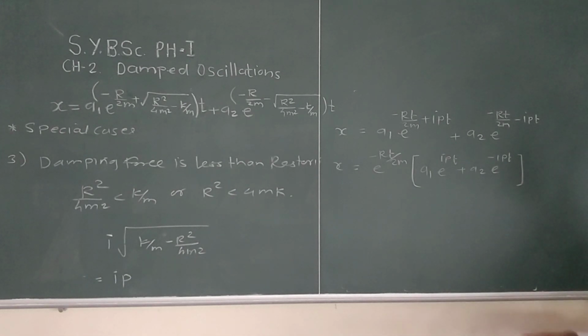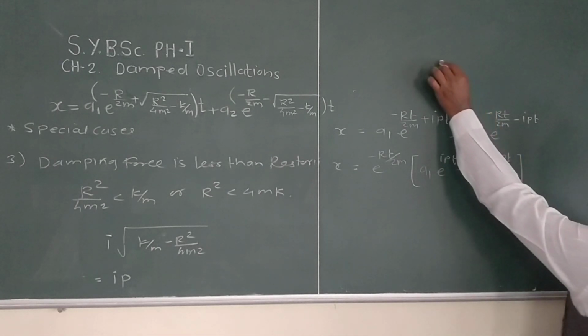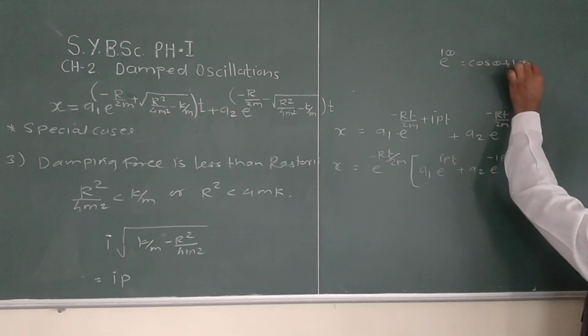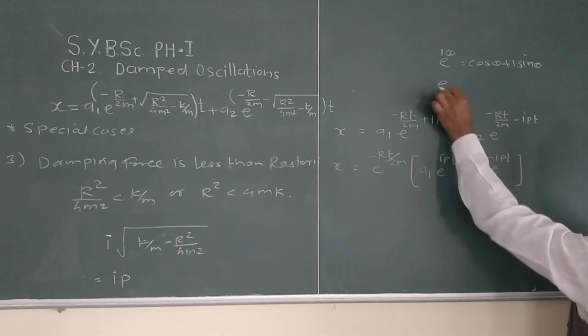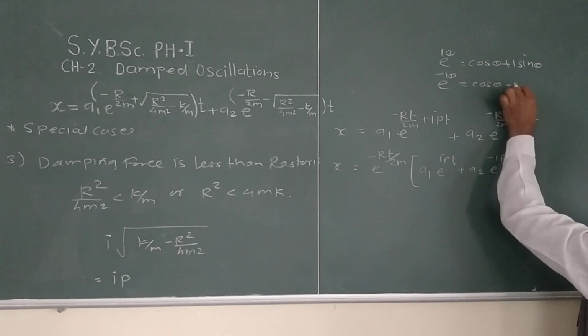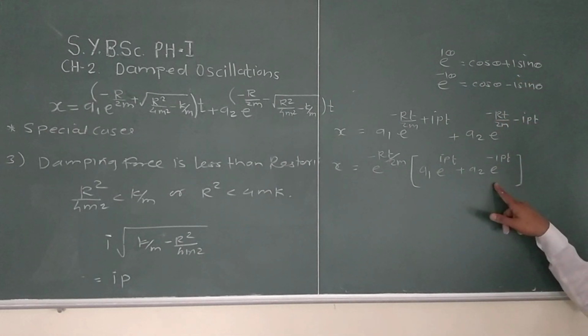Then we use the formula e raised to i theta equals cos theta plus i sin theta, and e raised to minus i theta equals cos theta minus i sin theta.